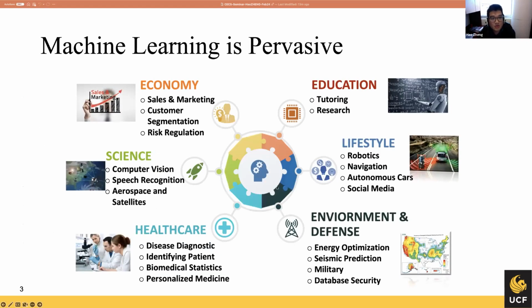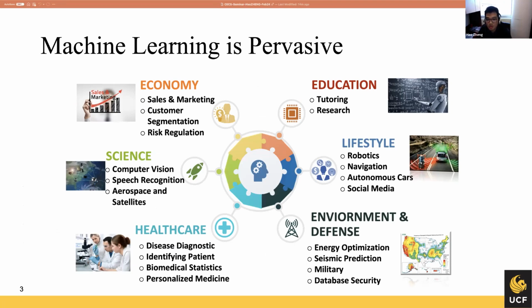So a few slides to describe the general background. Machine learning applications have been applied to every corner of our lives, from economics, science, health, to education. Apparently, they are very popular nowadays. But in the meantime, they are posing many computation, memory, and communication challenges on the underlying hardware.